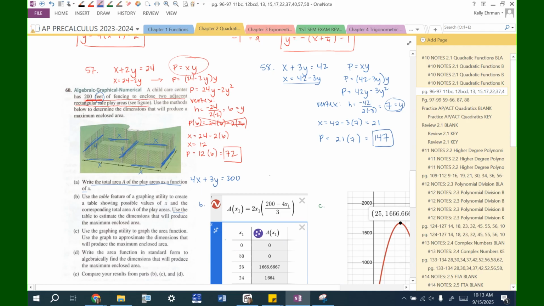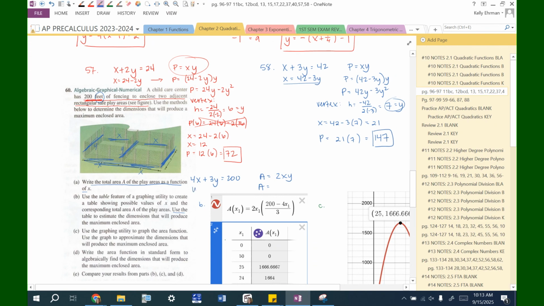But then we want an area function. So area would be the area of this whole big rectangle. Ignore the line of fencing in the middle. It's 2x times y. They want it as a function of x. That means get rid of the y. So take this equation and solve it for y.